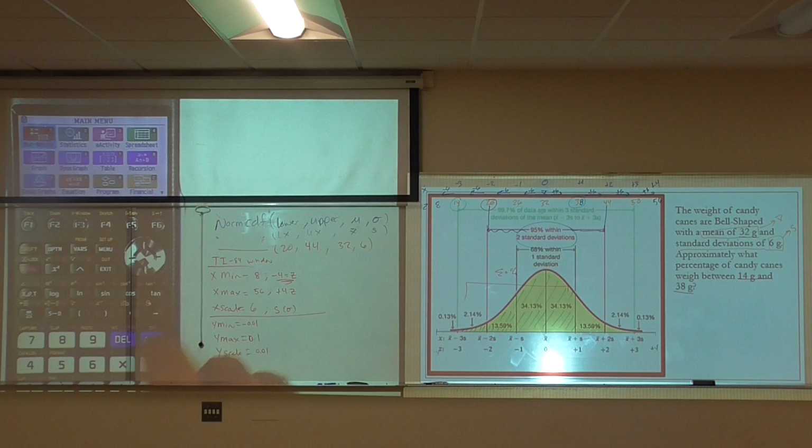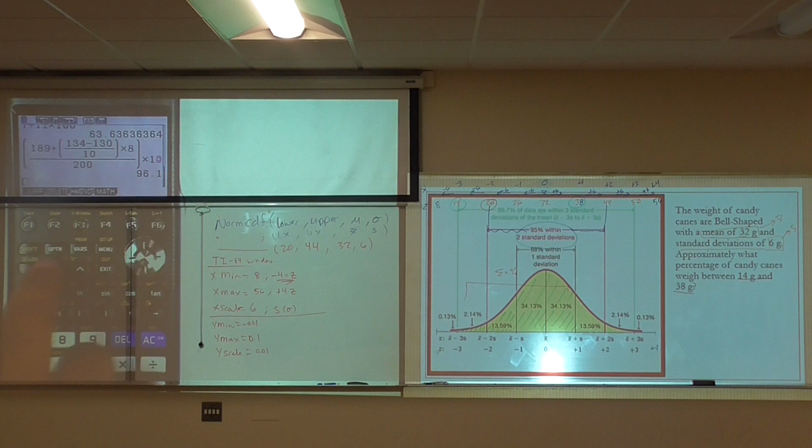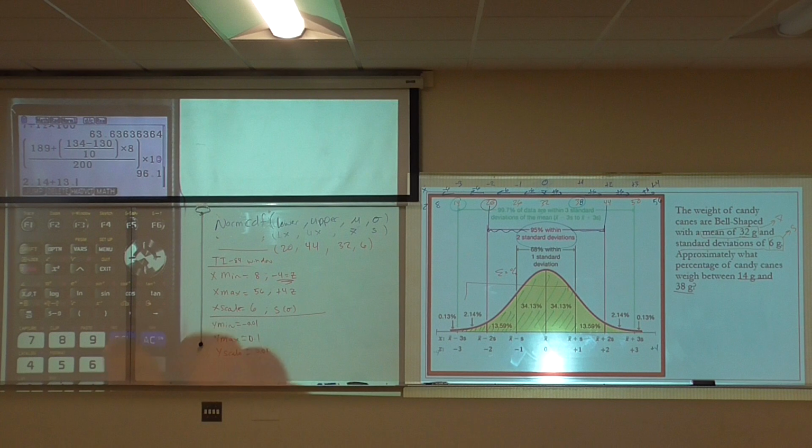So over here, using the expression way, we're looking at 2.14 plus the 13.59, and then 34.13. So that's another 34.13.